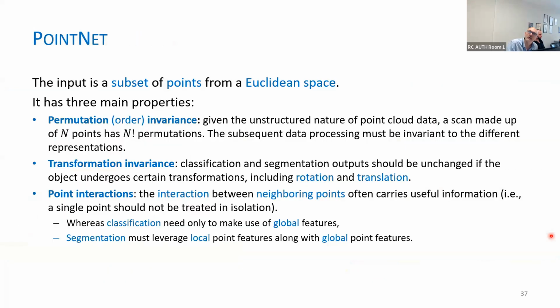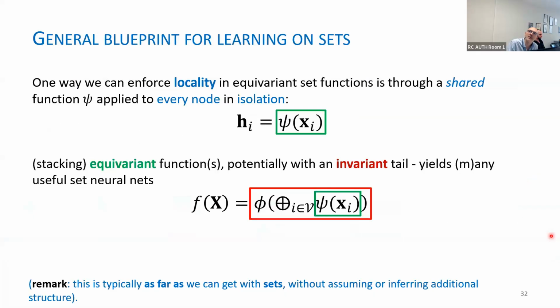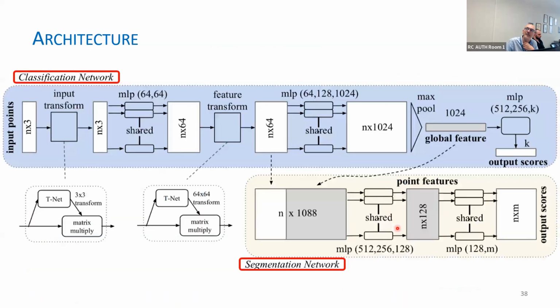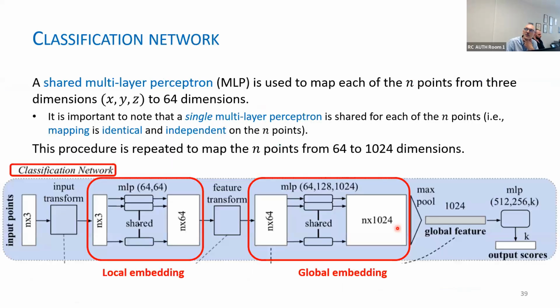And so, let me come back, for example, here you see that it is basically a realization of this formulation. We have this function C, which is given by the multi-layer perceptron. We have this aggregating operator, which is the max pooling, basically, and here we have the final function that in this case performs the classification.